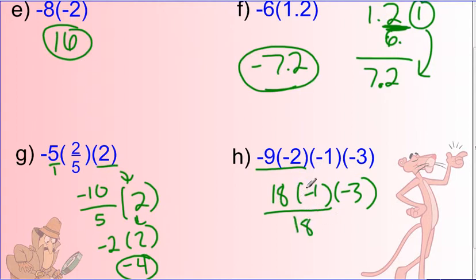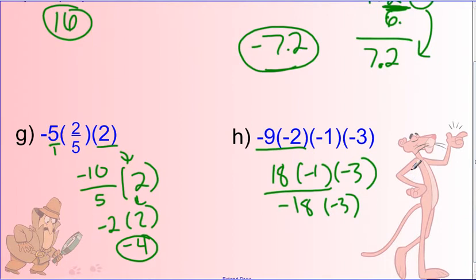The signs are different, so the answer is negative. Negative 18 times negative 3. 18 times 3. 3 times 8 is 24. Carry the 2. 54. And the signs are the same, so the answer is positive 54.